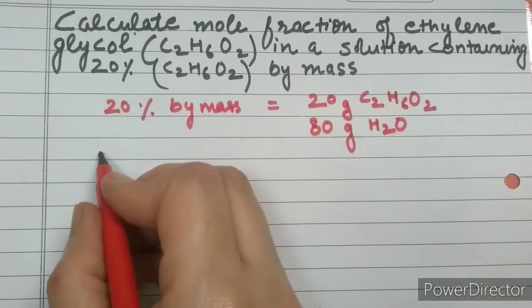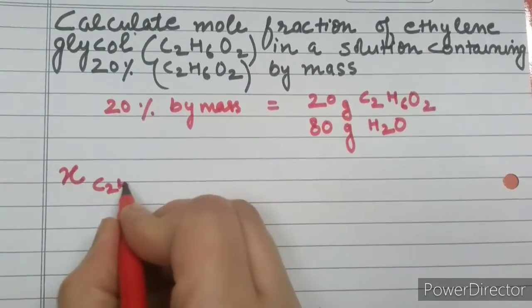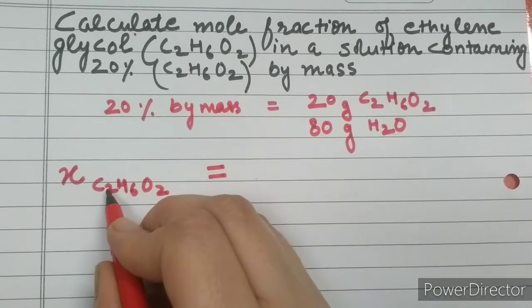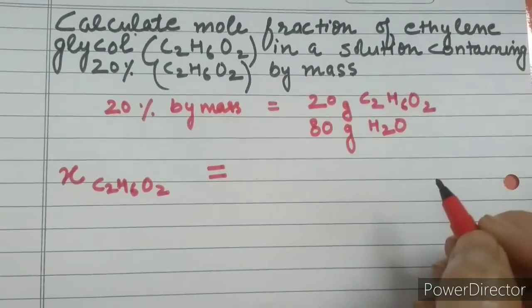Now we have to find the mole fraction of solute, C2H6O2. According to the formula, mole fraction of solute is equal to the number of moles of solute divided by the total number of moles of solution.